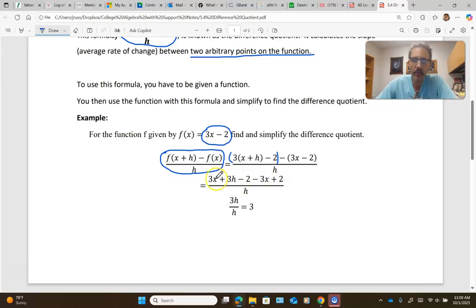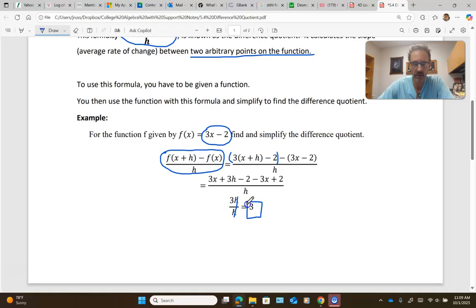Then you keep working here in the numerator. You'll end up typically canceling a lot of terms in this step. 3x with this negative 3x would disappear. This negative 2 with this plus 2 will disappear, and all we'll end up with is 3h on top over h, and then those h's divide out, and we're left with just 3.